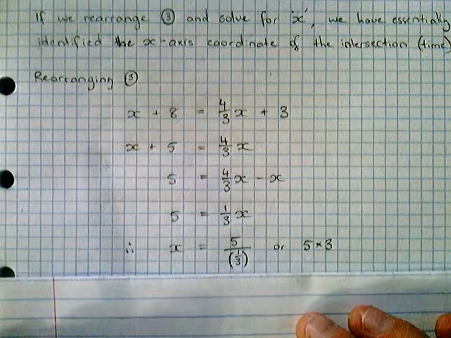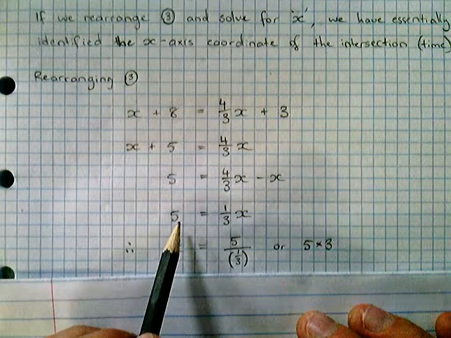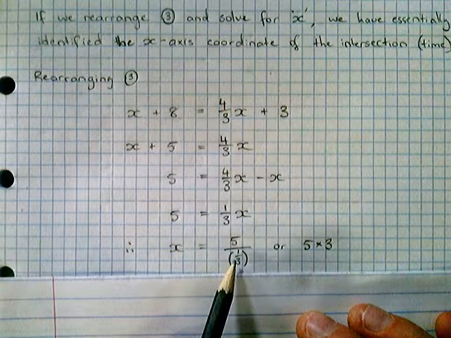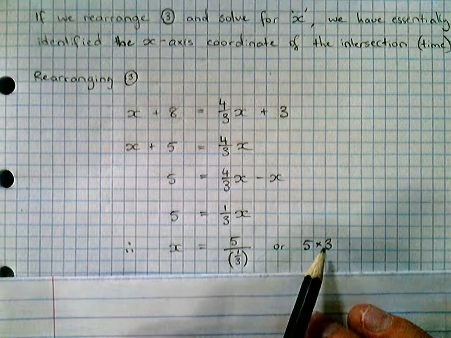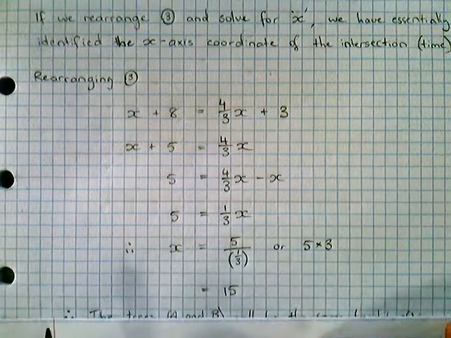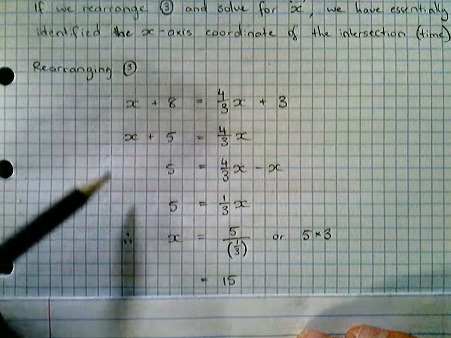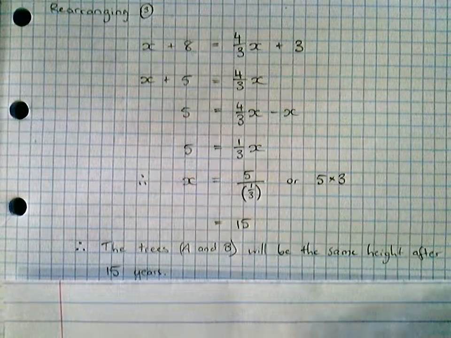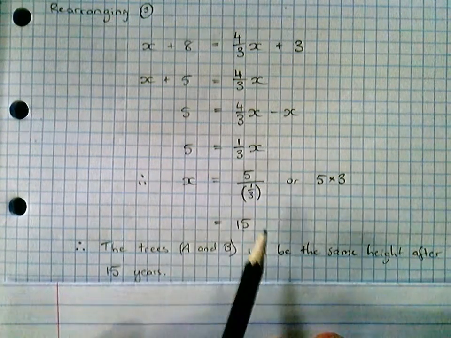I then got rid of this third and moved it to the other side by dividing it, or you could alternatively multiply it by 3 to get the same result, and it's going to give you 15. So that's just the process of rearranging. Therefore, the trees A and B will be the same height after 15 years. That's what this x equals 15 refers to.